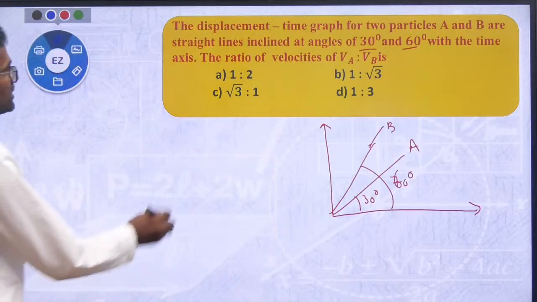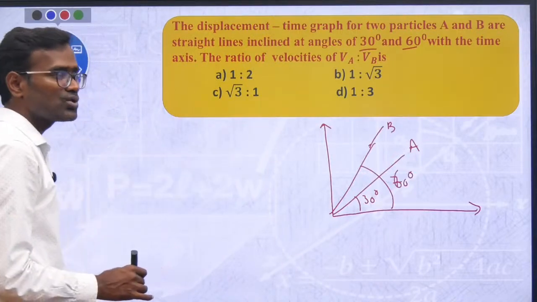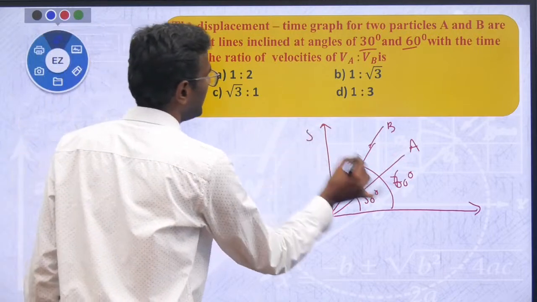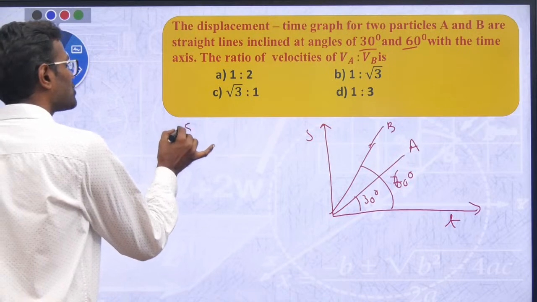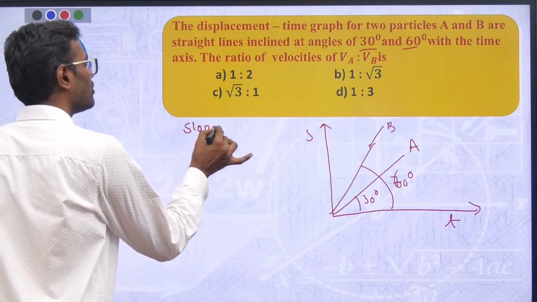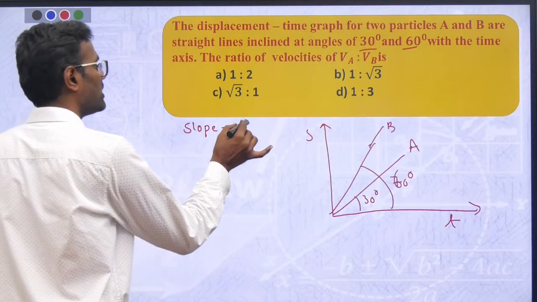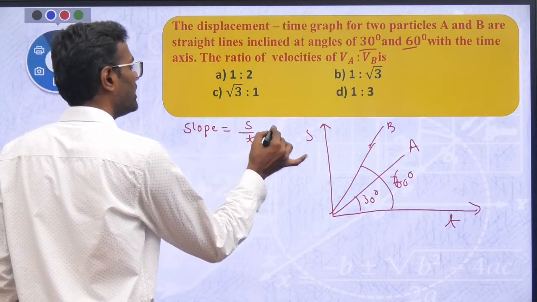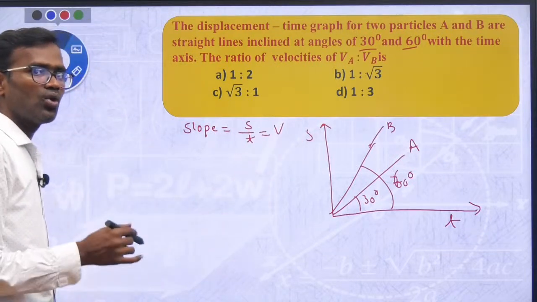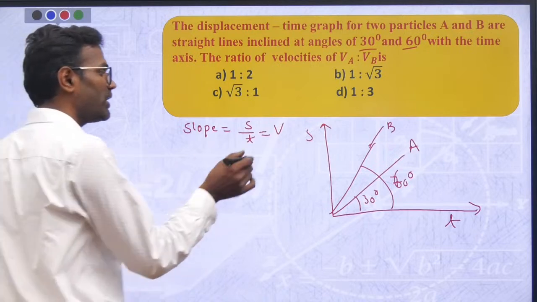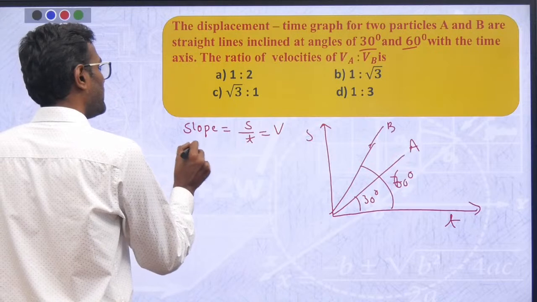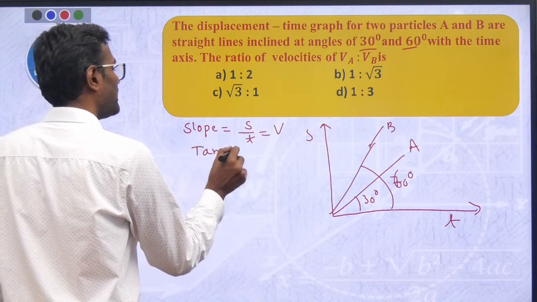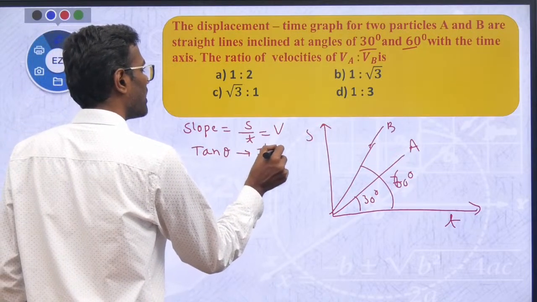So now what is being asked? The ratio of velocities. In the displacement time graph, slope is equal to y coordinate by x coordinate, x by t, which gives velocity. So the slope of the graph gives velocity. If they give an angle, tan theta gives the slope of the graph.